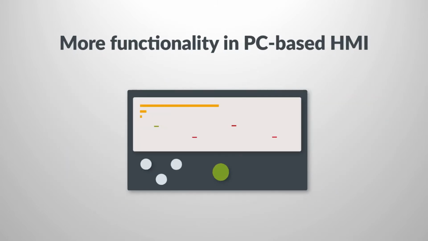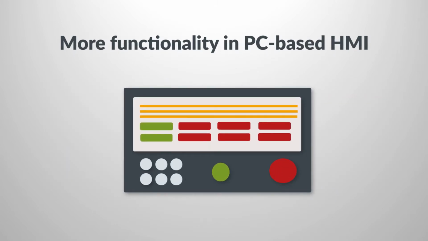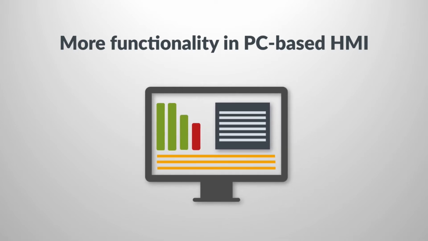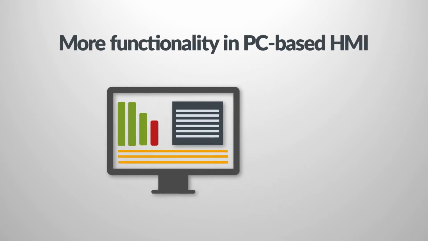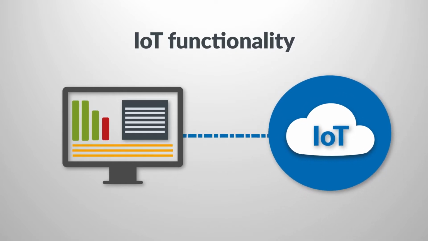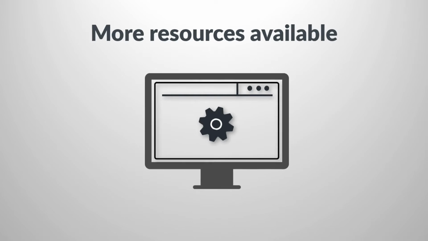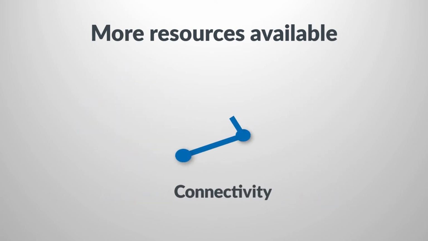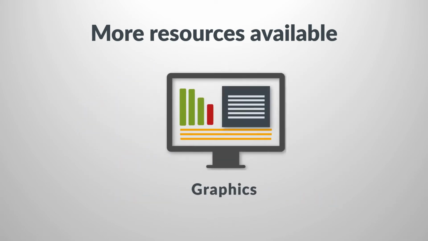Although it is happening at all levels from the basic OIT on up, it's at the PC-based HMI software level where edge devices and controllers are being tied to the Internet of Things. This is the HMI SCADA level where the software can take advantage of the resources in a PC, such as more memory and storage capability, significant connectivity, and strong graphics capabilities.